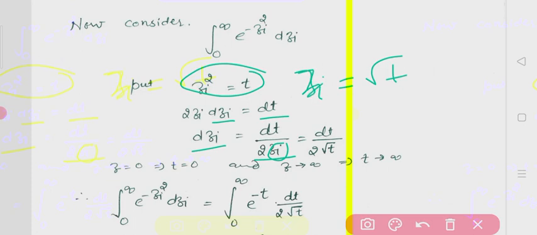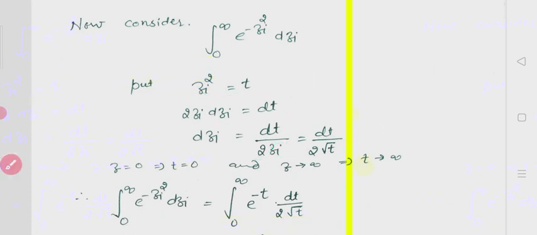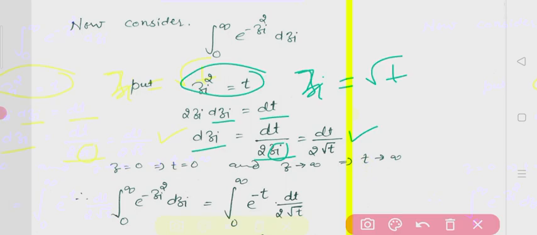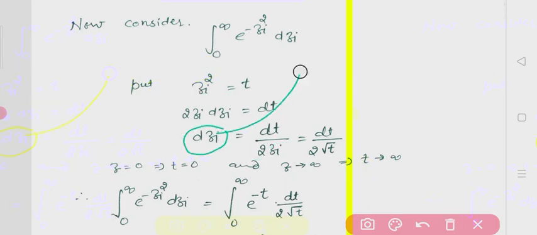So we place the value dt by 2 root t. Now the value of dzi will be placed here, and the value of zi square is t, so that will be placed here. And when z is 0, then t will be 0, and when z is tending to infinity, then t is tending to infinity, right? Because t is equal to z square.